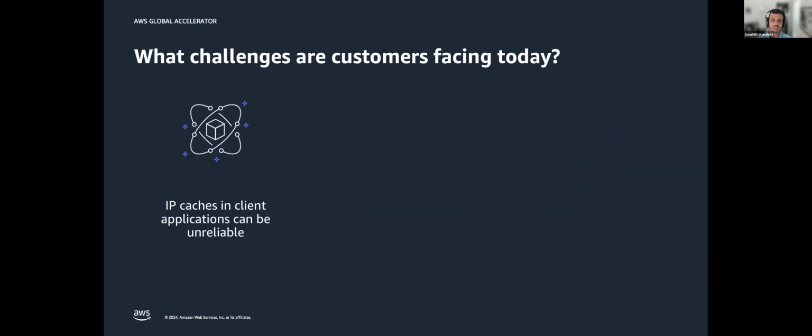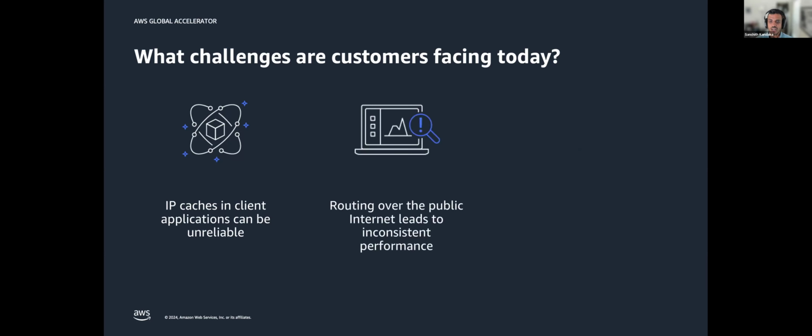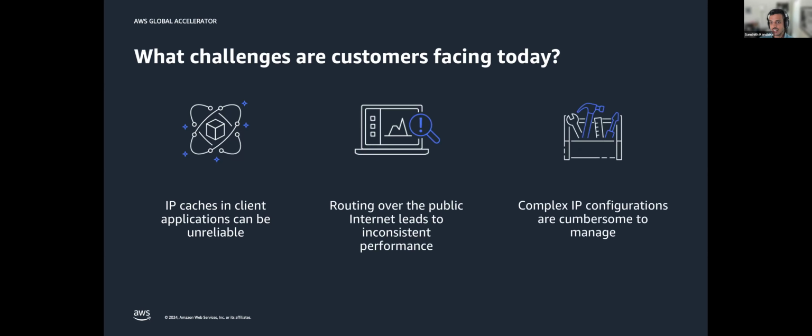The challenges around those are IP caches in client applications. They can be unreliable. It could be DNS caching, or it could be a specific static IP mapping. Routing over the public internet is very inefficient. It leads to inconsistent performance. So there could be challenges there in terms of public internet routing, and then complex IP configurations.